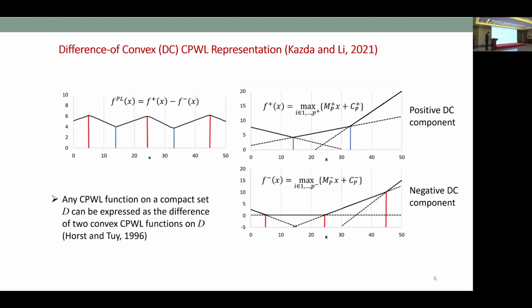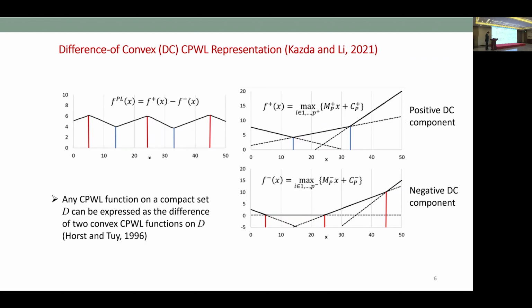This is an example of a two variable function, this bilinear function, and the original function has this curve. We could generate a piecewise linear function that approximates the original bilinear function. Now for this function, the pieces are not predefined.